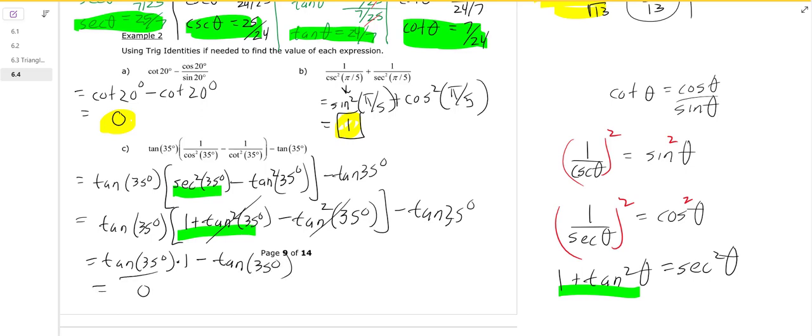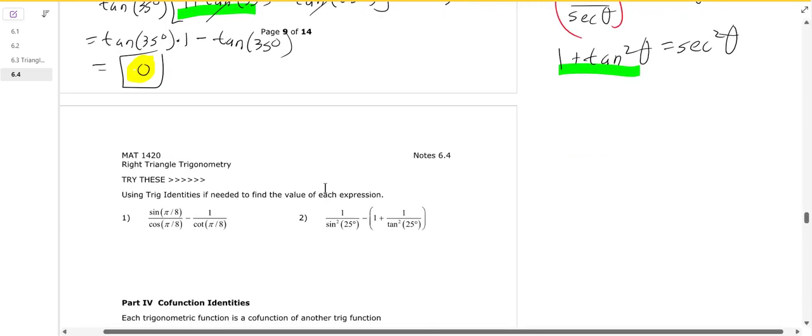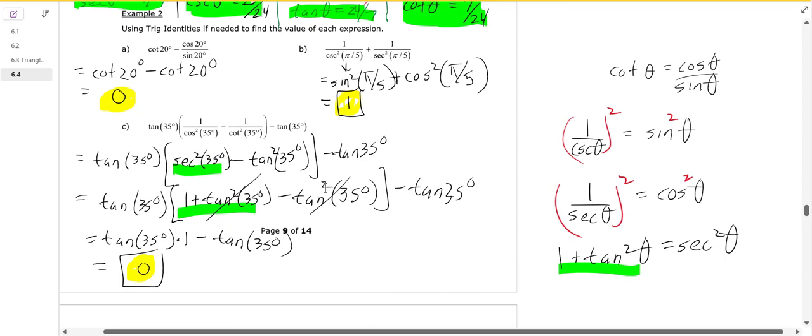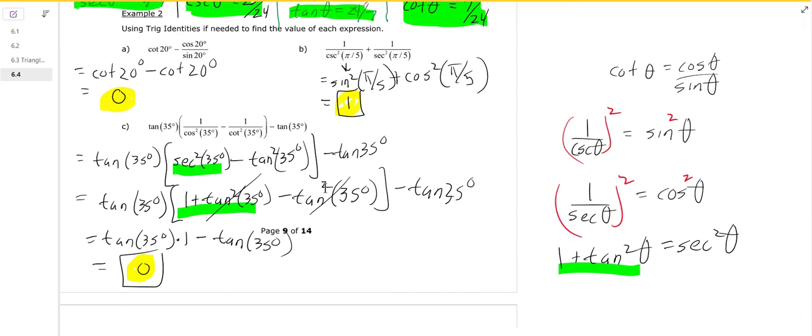So that's equal to 0. That's the answer to the problem. That's just another exercise in using some of your fundamental identities. All right, so I'll have you pause the video and go to the next page and see if you can complete the next 2 problems. And then that will be the end of part 3 of the video.